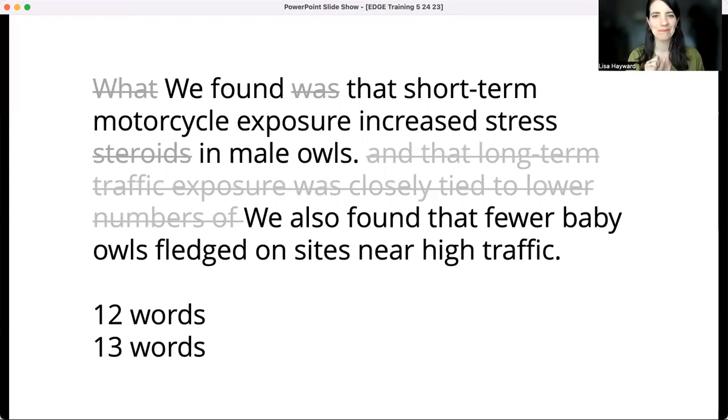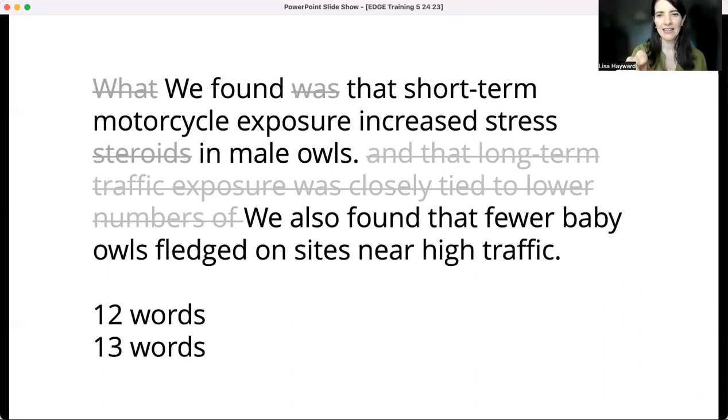It's fun for me. Okay, so now we found that short-term motorcycle exposure increased stress in male owls. We also found that fewer baby owls fledged on sites near high traffic. So I've reduced the total number of words. I've gone from a 32 word sentence to 12 and 13 word sentences.